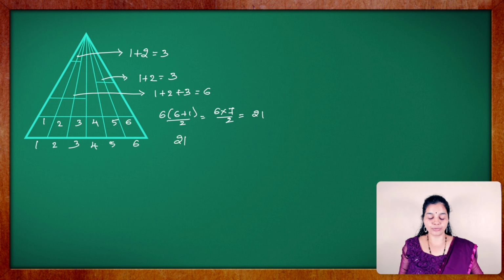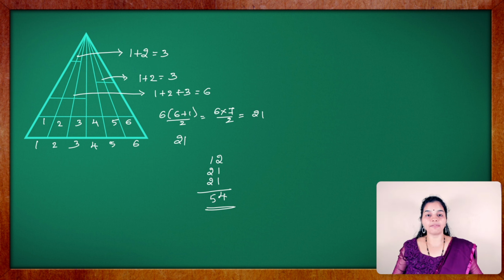So now we have to add all these numbers to get the total number of triangles. So we have to add 3 plus 3, 6. 6 plus 6 is 12. So this is 12 plus 21 plus 21, that is 54. So the total number of triangles we have in this particular figure is 54.